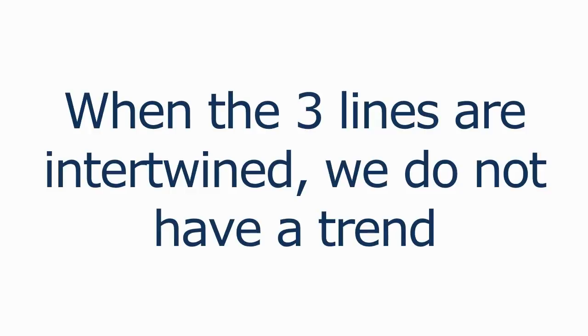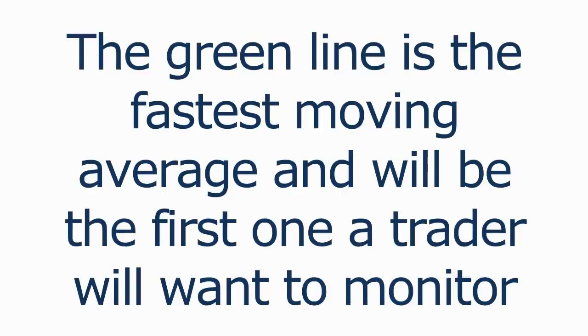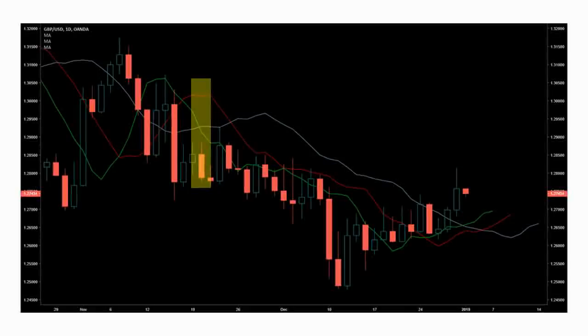Now the lips of the alligator, the green line, is the fastest moving average, and it's going to be the first one a trader will want to monitor. You want to see the green line cross the moving averages that are slower. And this is a sign that the alligator is waking up. We also want to see the teeth and the jaw start to turn in the direction of the green line.